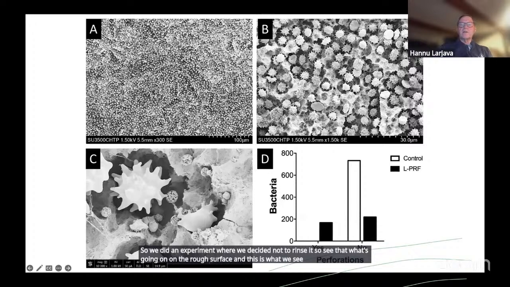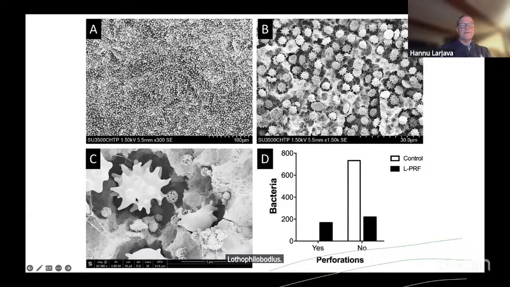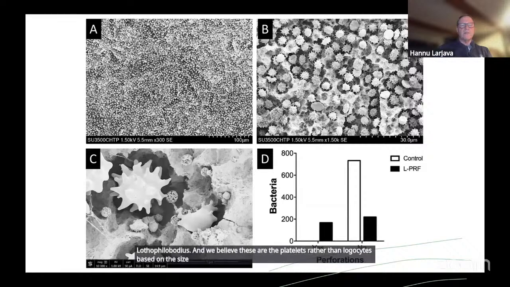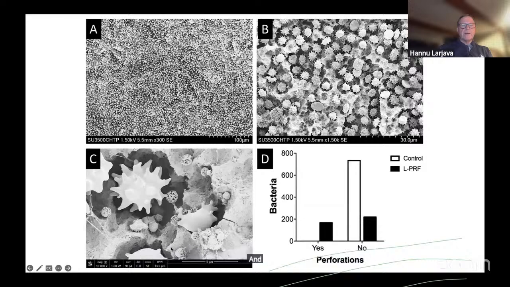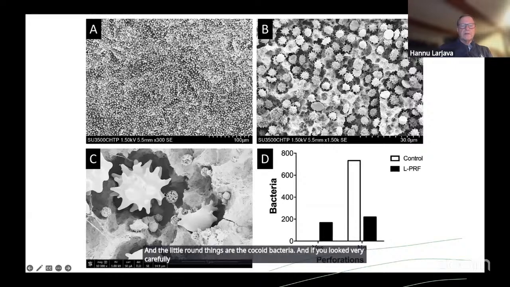So you can see all those little blobs, little round things that have a lot of filopodia, and we believe these are platelets rather than leukocytes, based on the size and morphology. And the little round things are the coccoid bacteria. And if you look very carefully, there are two of these little platelets that are kissing one bacterium, and it's full of holes.